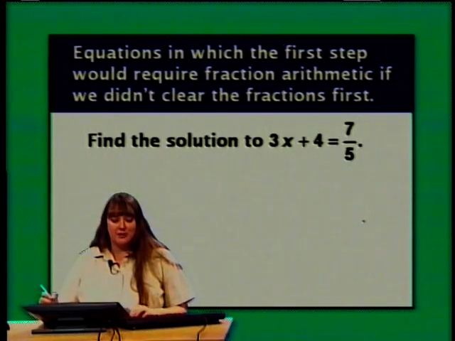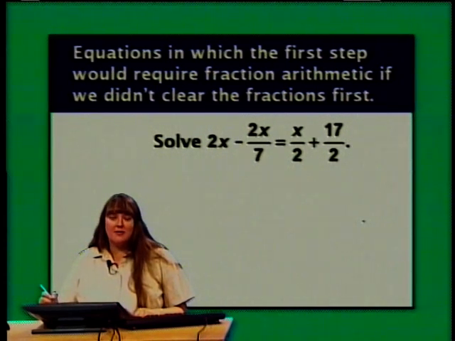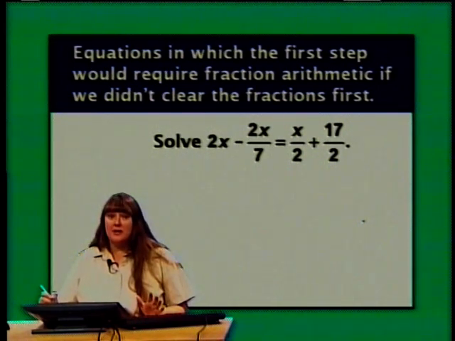That's fraction arithmetic. I also solved 3y over 4 minus 2/3 equals 7/12. Same thing here. If I hadn't cleared fractions first, I would have added 2/3 to both sides of this equation. I would have had to add 7/12 and 2/3, more fraction arithmetic. I also solved the equation 2x minus 2x over 7 equals x over 2 plus 17 halves. Now this equation, if I hadn't cleared fractions first, has a simplification on the left-hand side.